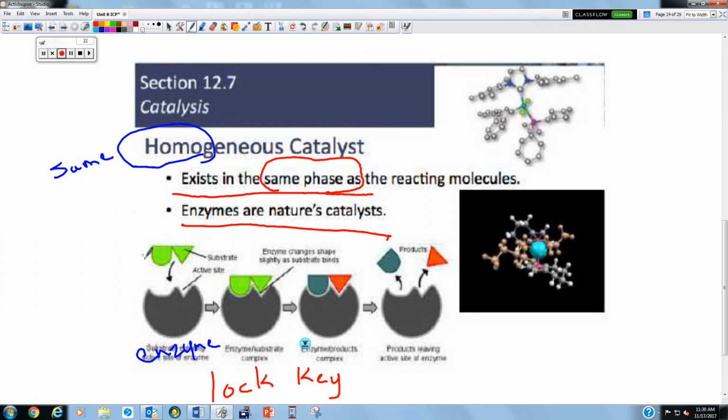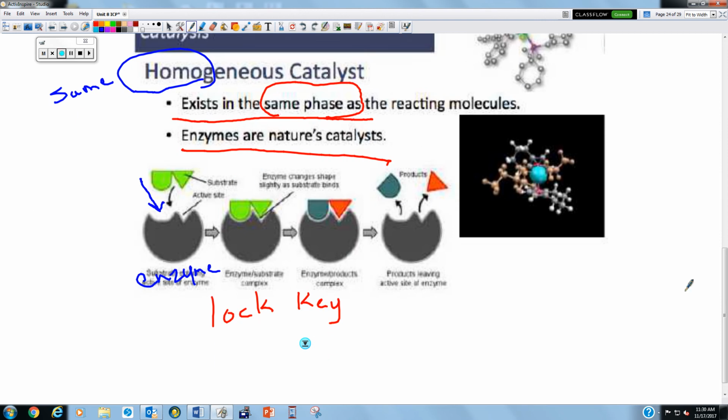The substrate comes in and fits into this enzyme. The enzyme is specifically shaped to orient the molecule in the right direction for the reaction to occur. So it fits in there like a lock and key. It has to be the right shape and in the right direction to fit in there. Once it gets in there, the enzyme, or the catalyst, allows the reaction to occur.